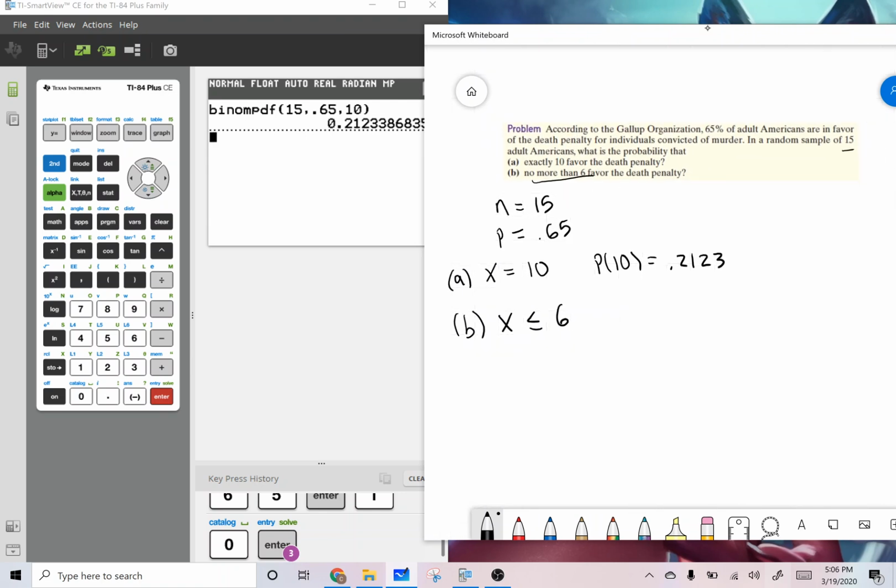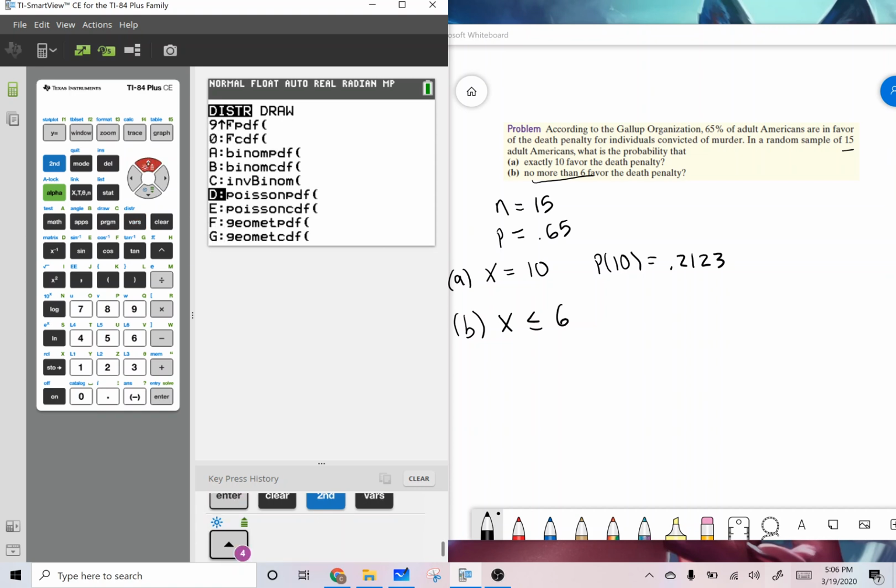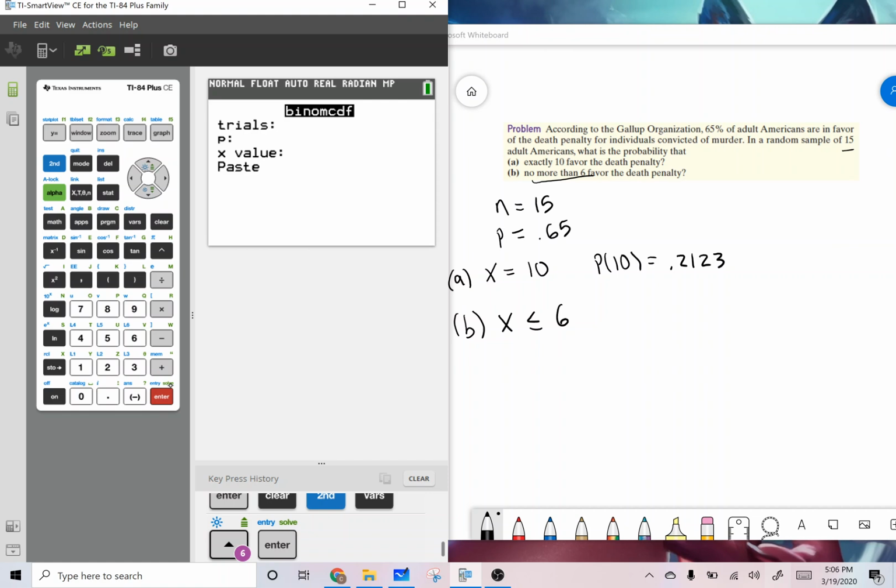So now we're going to use the calculator again, so let's go ahead and clear that. This one is going to be a CDF. It's going to be a cumulative of everything from 0 to 6. So let's go to second vars. We're going to go to binom CDF this time rather than PDF, and push enter. 15 trials, 0.65 probability, and the x value here is going to be 6.